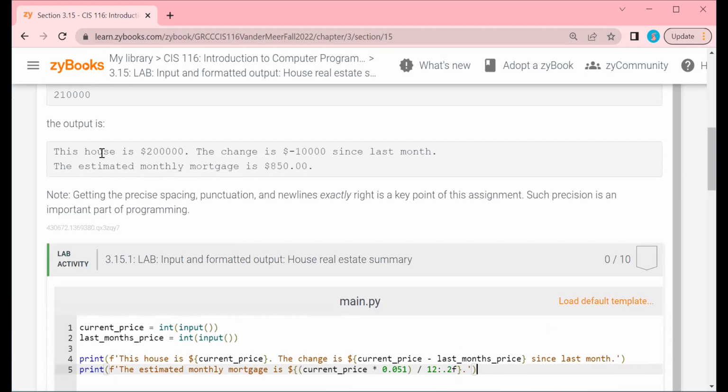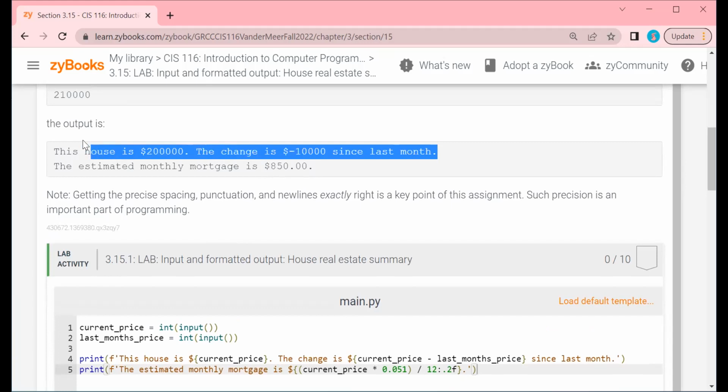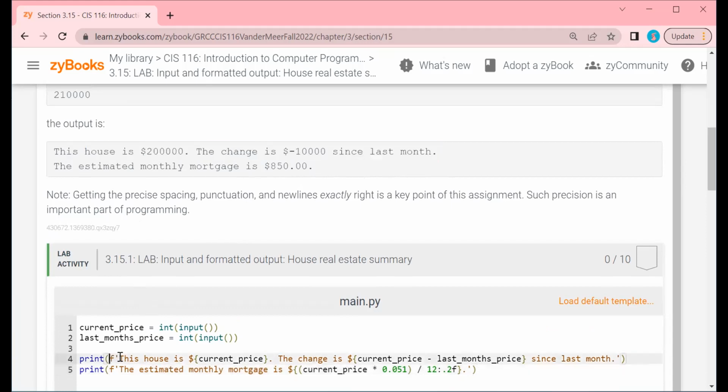Now this chapter is teaching us how to write a string literal and insert a number in the middle. So it wants us to write our output so it matches this statement. This house is 200,000. So here we go. Here we're using that F again. So we're saying F, so expect a float. And then this house is, and then I put a dollar sign.